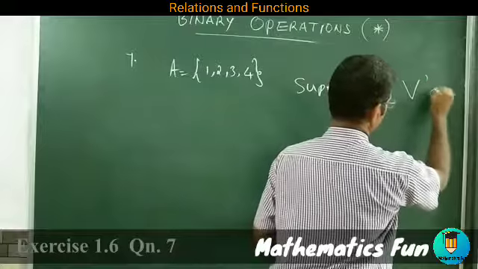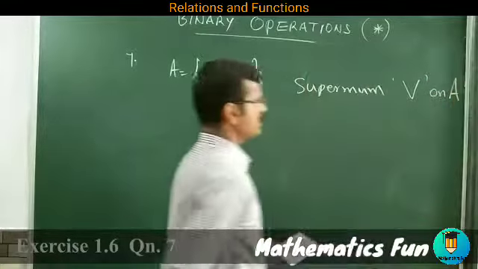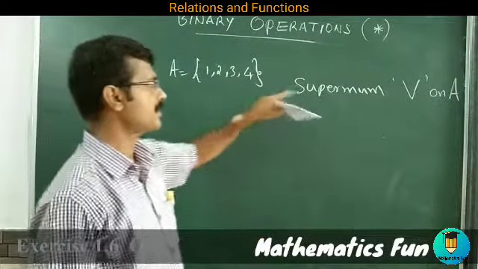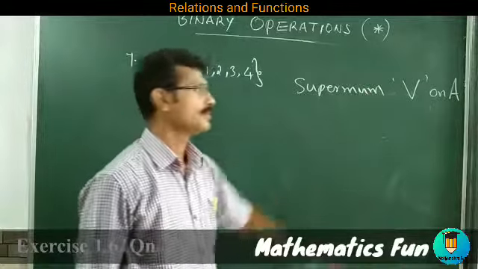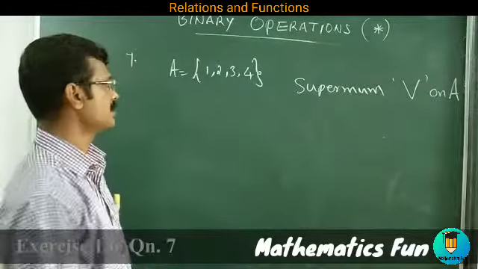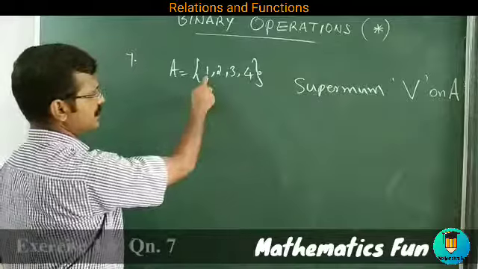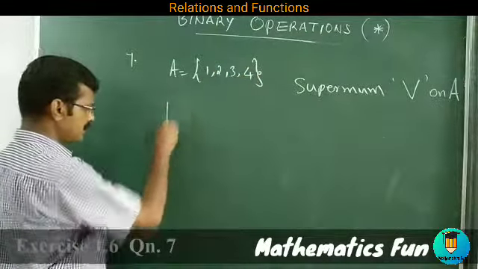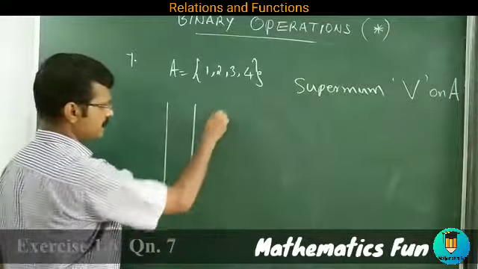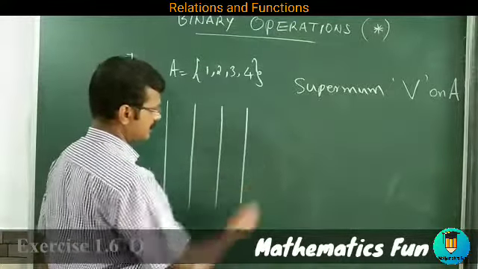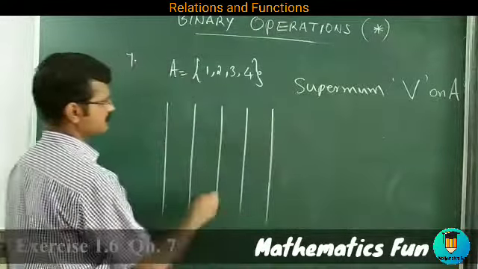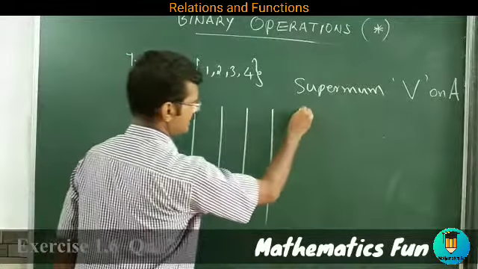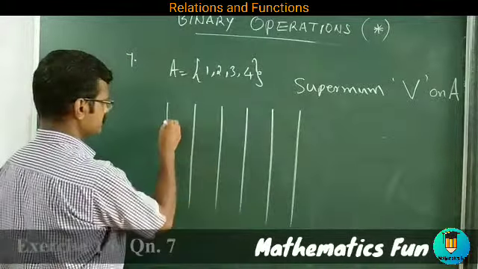We have to make a composition table. The operation is supremum. So how to make the composition table here? The elements are 1, 2, 3, 4, so according to that you have to make the columns, just filling up the table. One more column I need for the operation.